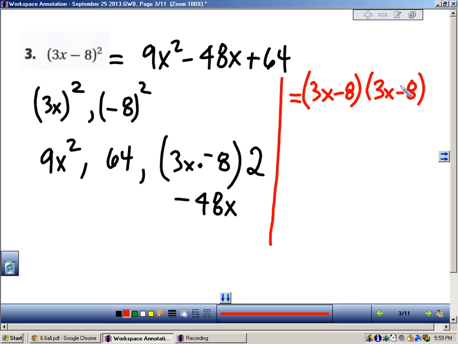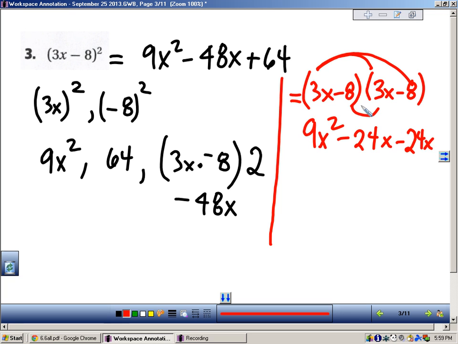Now we go first, I'll do this mentally: first, outer, inner, and last.